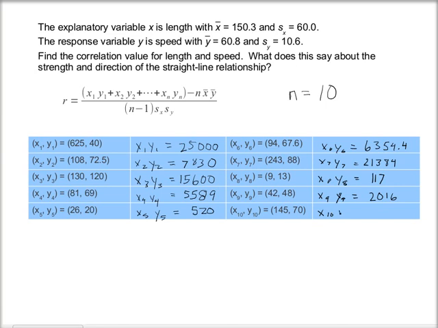And finally, x10 times y10 is 145 times 70, and that's going to give me 10,150. Alright, so I found all these products here.